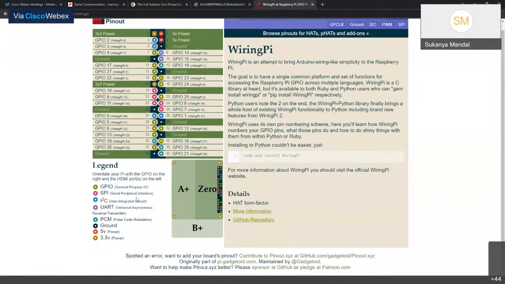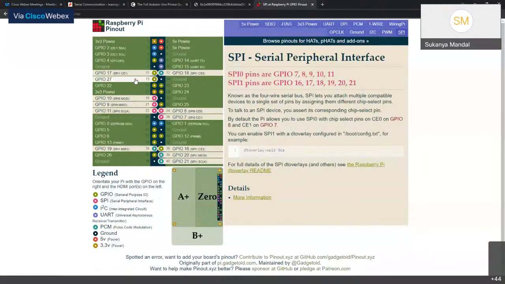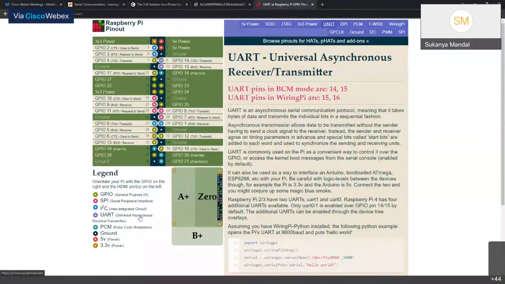Okay, now we have the SPI pins. These are the SPI pins. The UART pins are basically these. This is used for transmission. Then there's transmission again here. Then there's receive as well, and the rest as well. So it has the clock pins as well.